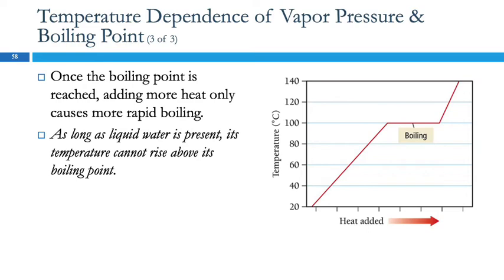And that doesn't really make sense, does it? But once it starts boiling, it's not going to get any hotter. Because the energy that you're putting in, we have liquid particles escaping into the gas, and then those leave, and so the average kinetic energy of the liquid cannot increase until it quits boiling.